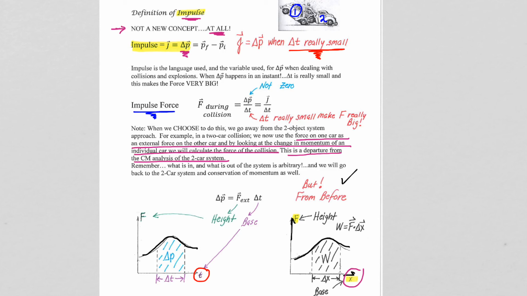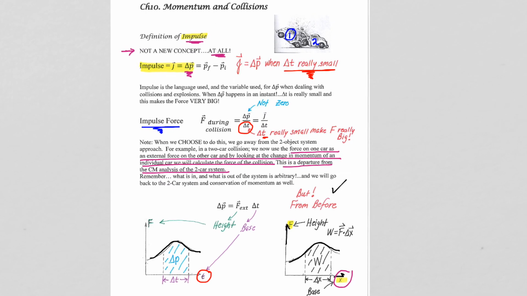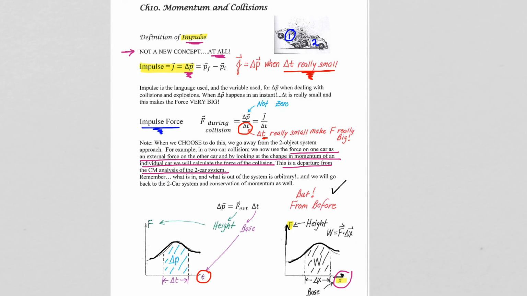As I said, in our next lesson we'll have an example problem looking at these large collision forces, because, as it says here, the delta t's will be very small, and when the denominator gets really small, it makes for a very big number, a very big force in this case. So that is our introduction, with some new language and a flavor of what this chapter is going to be on.